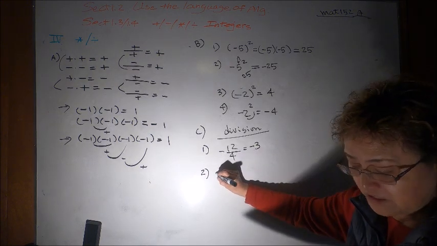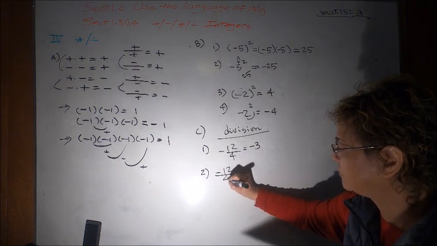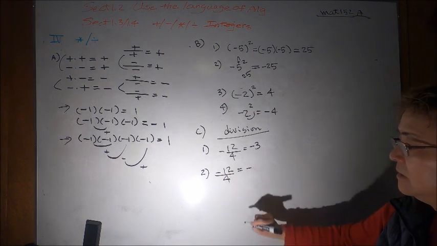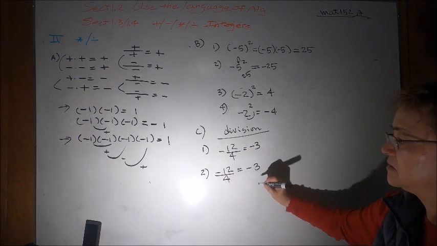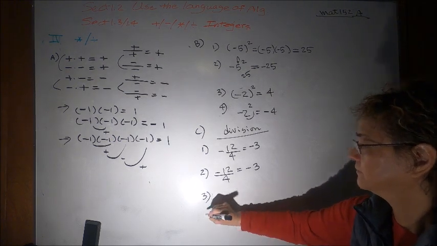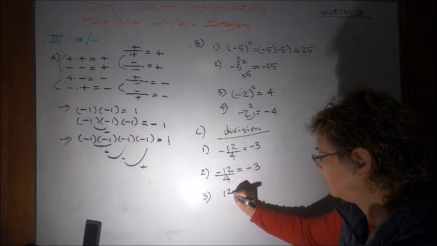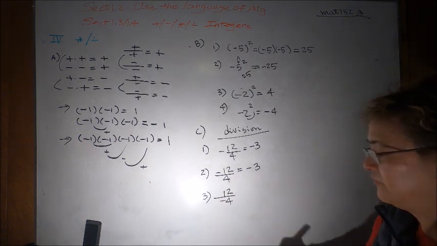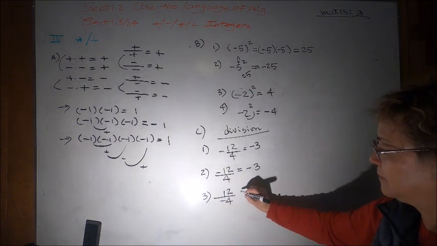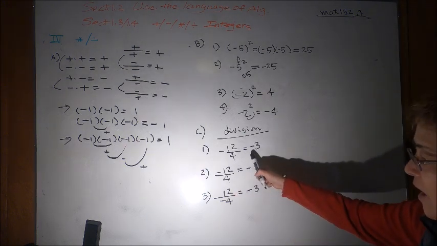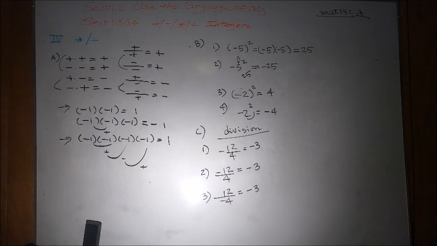So if you have -12 divided by 4, negative divided by positive is what? Negative. And 12 divided by 4 is 3. Or if you write 12 divided by -4, positive divided by negative, 12 divided by 4 is 3. They all have the same answers, but you write it differently, right?